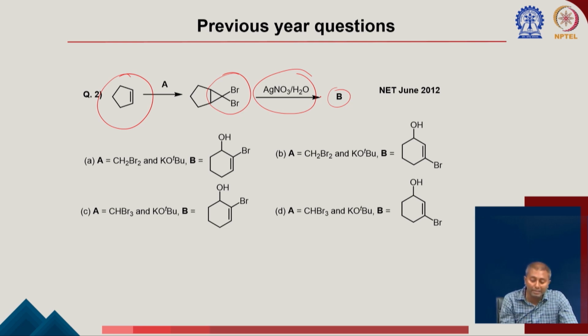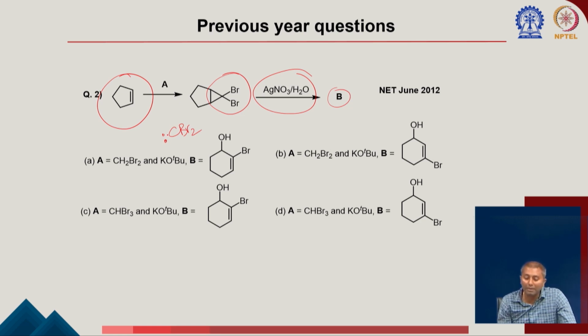So it is clearly indicating that A will be a reagent going through the CBr2 carbene, correct? So if you want to generate that carbene, what will be the reagent of choice?